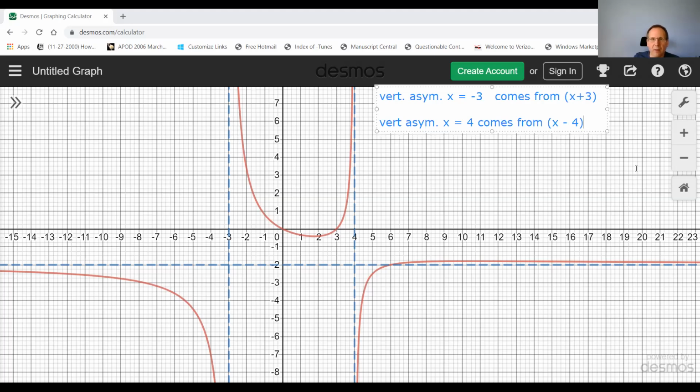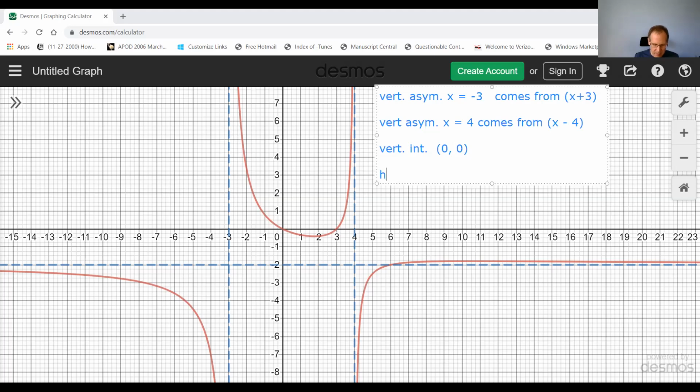All right, let's look at intercepts now. So vertical intercept. Where does the graph cross the y-axis? Well, actually, it looks like right in the origin, right? So the origin in this case, 0, 0, is going to be a vertical intercept. And then how about horizontal intercepts?